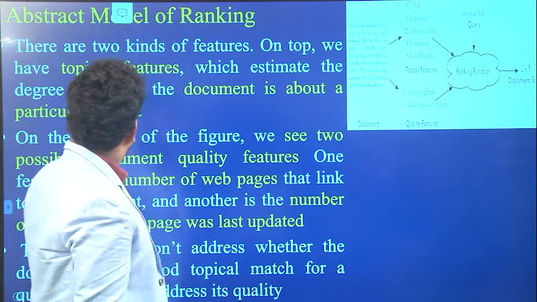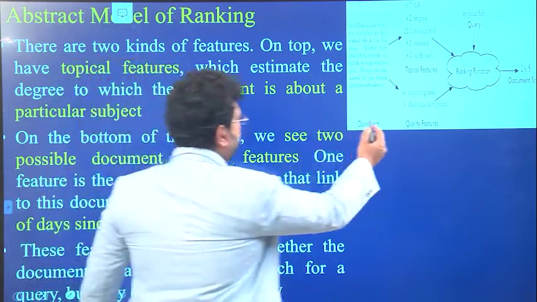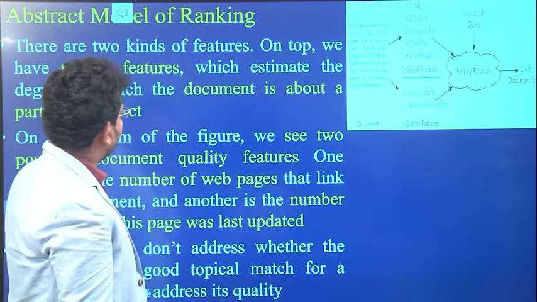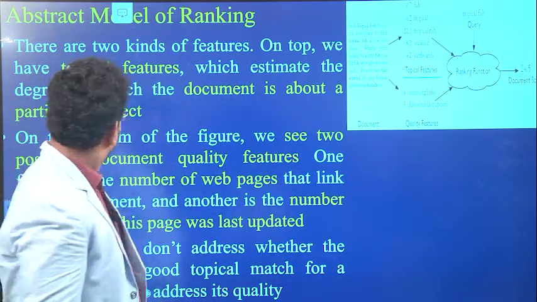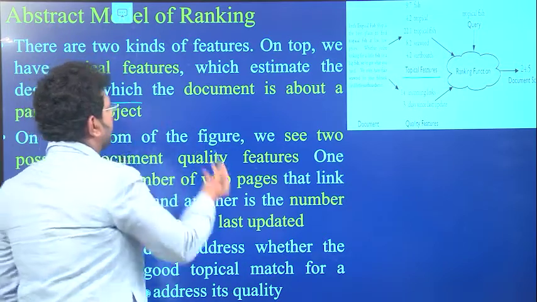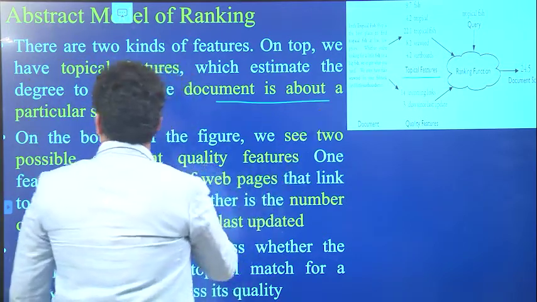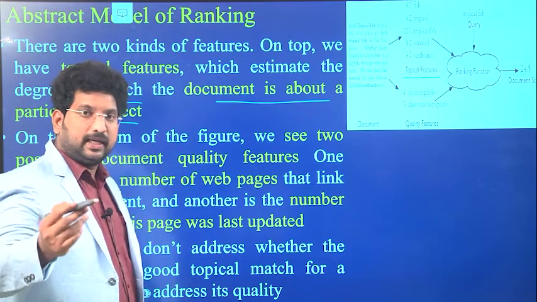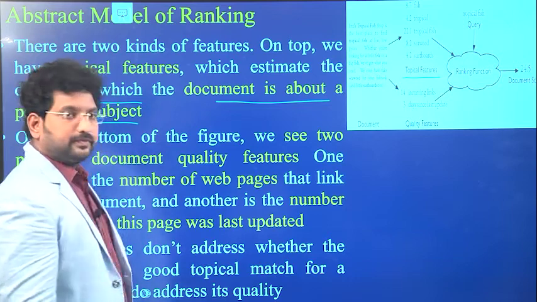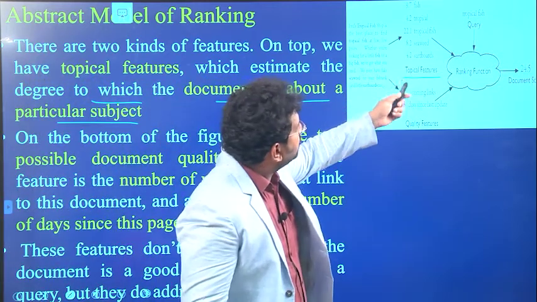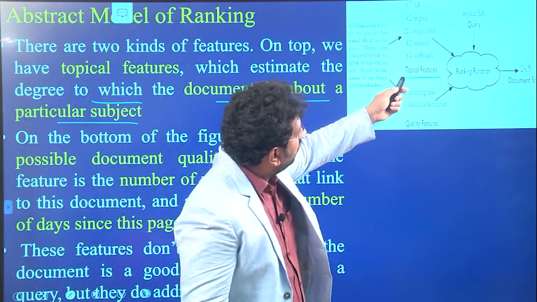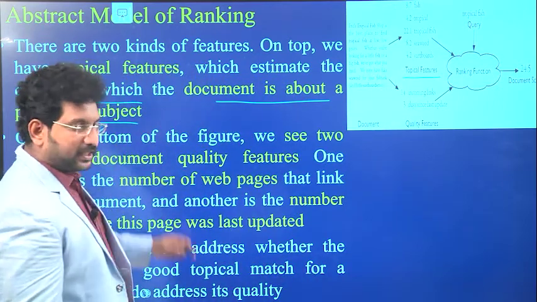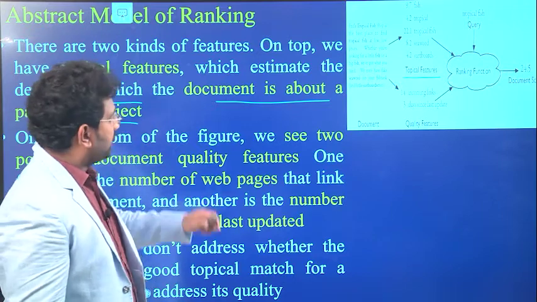On top, we have the topical features, which estimate the degree to which the document is about a particular subject. So the topical features represent the specific document about the particular subject, the document subject.